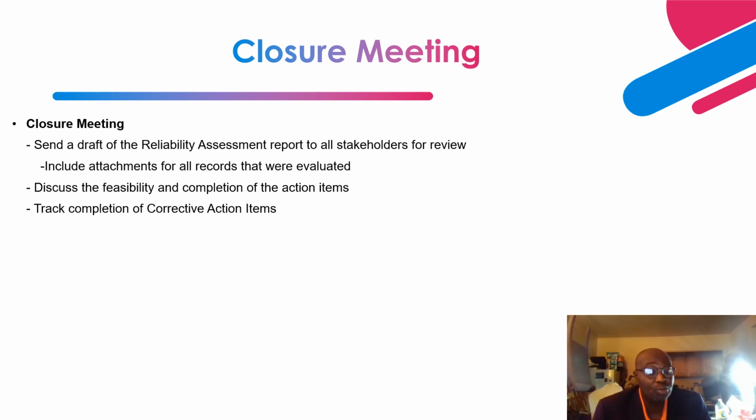You send the draft of the report to all stakeholders, right from upper management through discipline engineers, operations, and maintenance, for them to take a look at what is in the report: all the gaps that were identified when you performed your reliability assessment, the corrective actions that were identified, whom the corrective actions will be assigned to, and the timeline required to perform them. You give them a due date to complete the review.